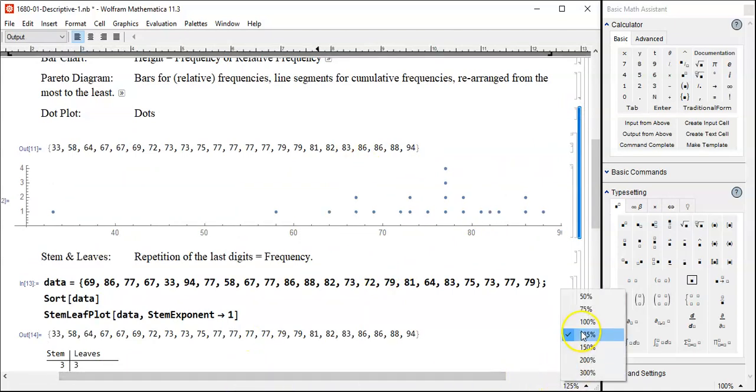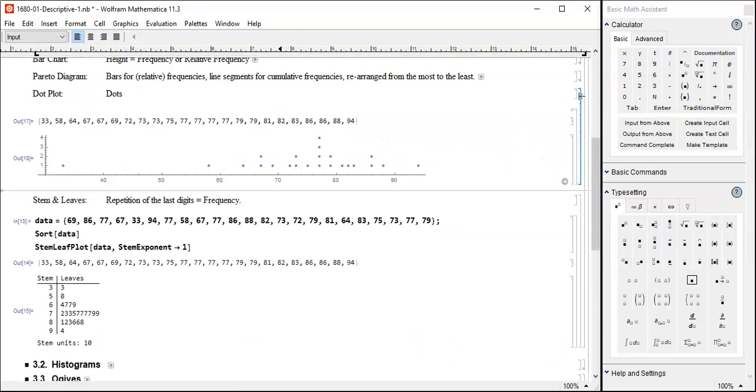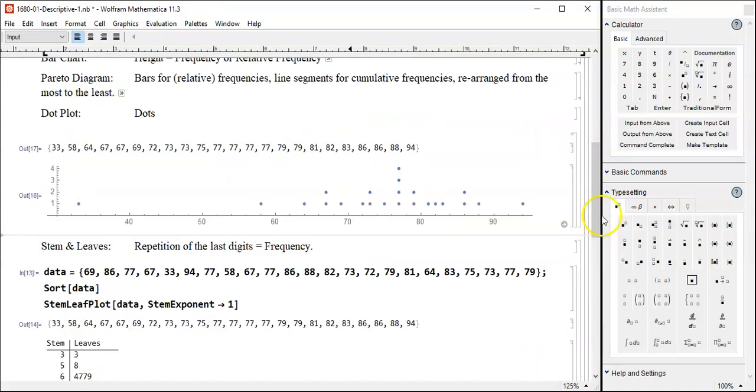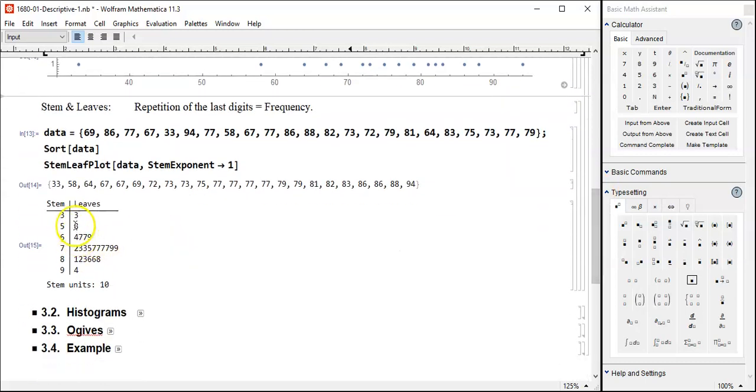Okay, I'd better make this a little bit smaller. Okay, I can see it from the dot plot. As you can see, you have this hump. Similar thing is going on here. You can see this kind of hump.